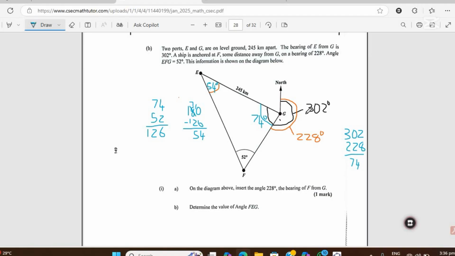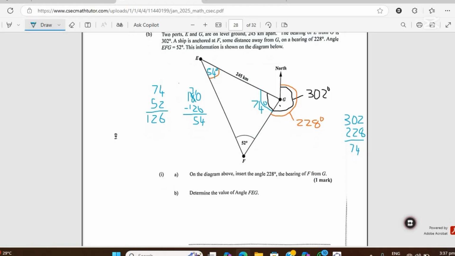So sometimes the angle that you're looking for will require you to do a first or initial step before you can find the angle that you're looking for. You're required to do a step first before you can actually use that information to find the angle that you are searching for.